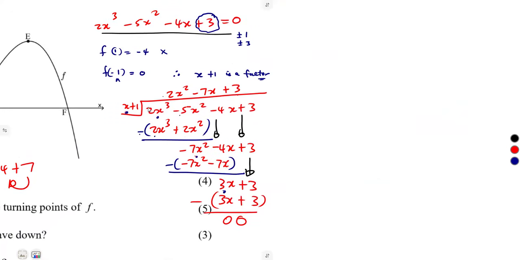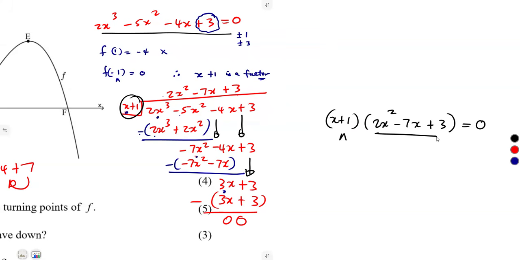This whole part is going to be x plus 1 into 2x squared minus 7x plus 3 equal to 0. So using any method of your factorization, you are going to have this bracket and this bracket. You see now. Then you can factorize your quadratic again in the way that you understand.